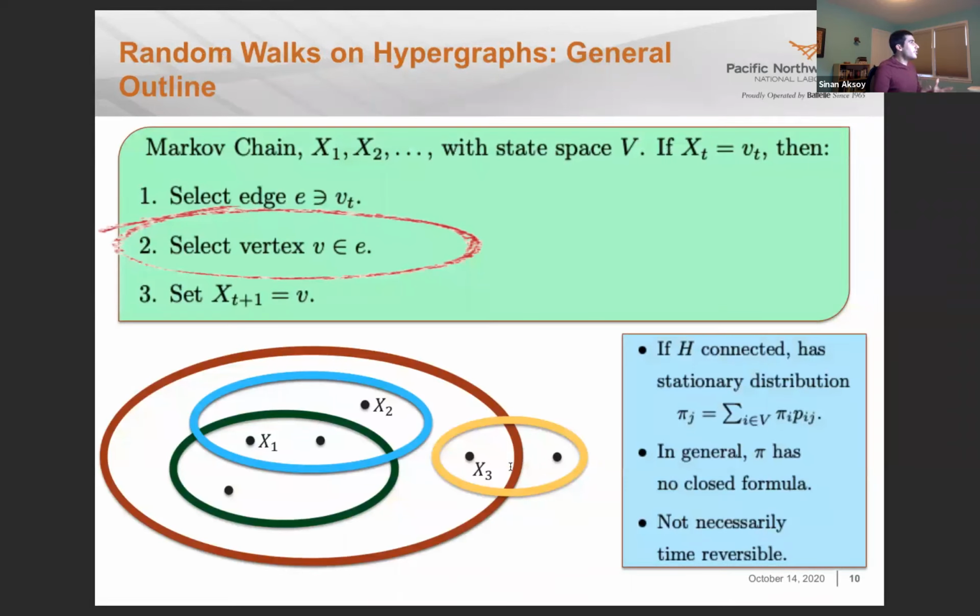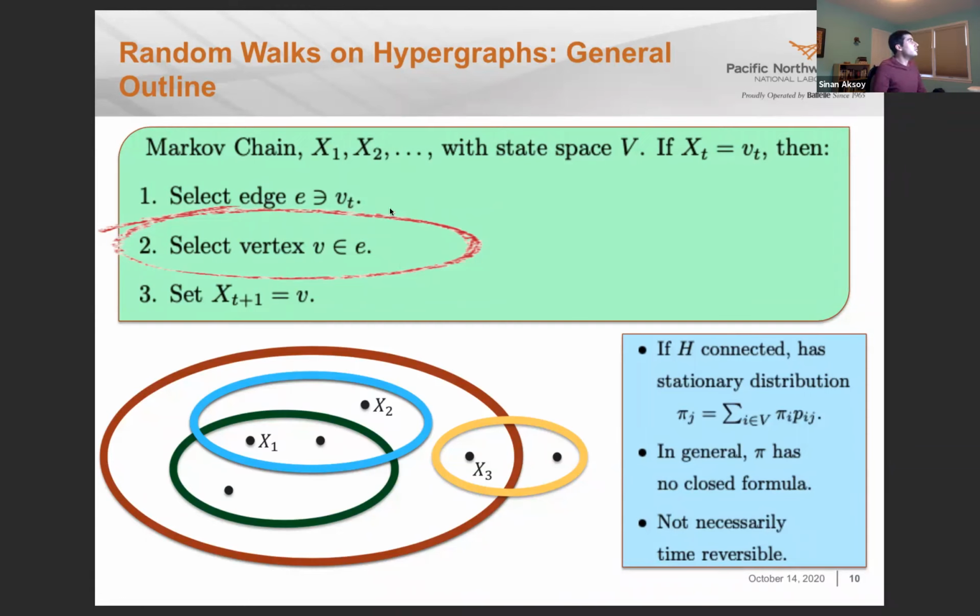And so as we saw in the first part of the talk, a major driver for how a lot of people define these Laplacian matrices is to capture random walk properties of graphs. So we went in that direction, looking at how random walks behave on hypergraphs. A general outline for random walks on hypergraphs is similar to what we've been talking about in this talk, except now when we choose a neighbor for the next element of the chain, we can break that into two steps, right?